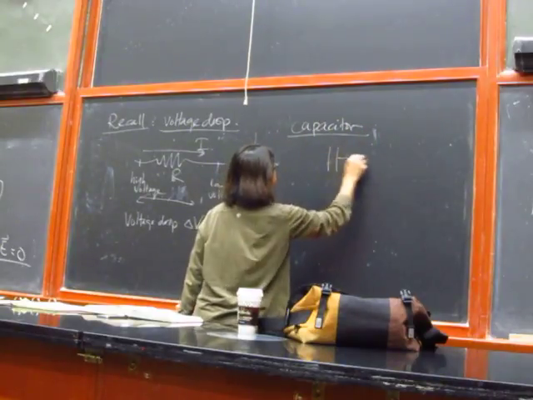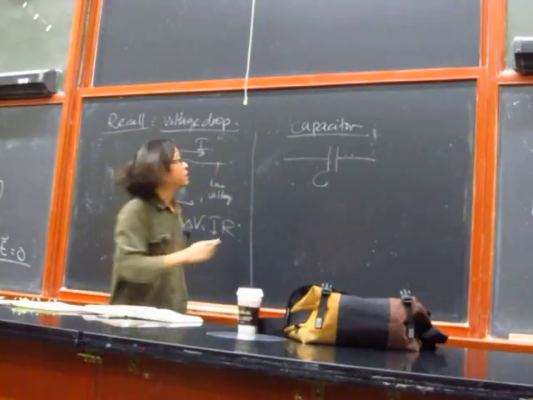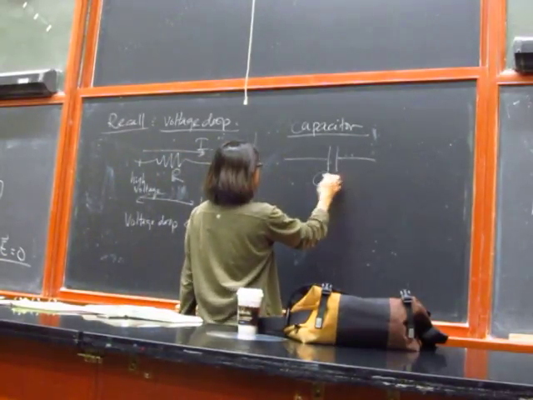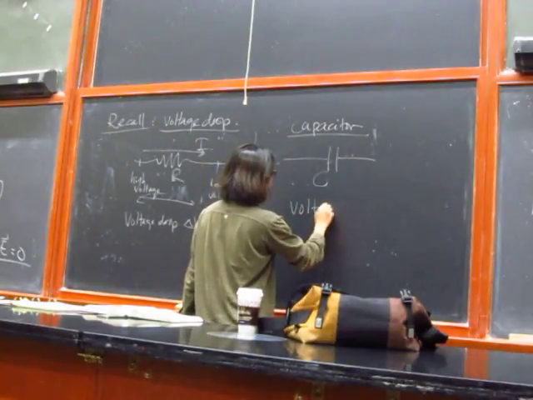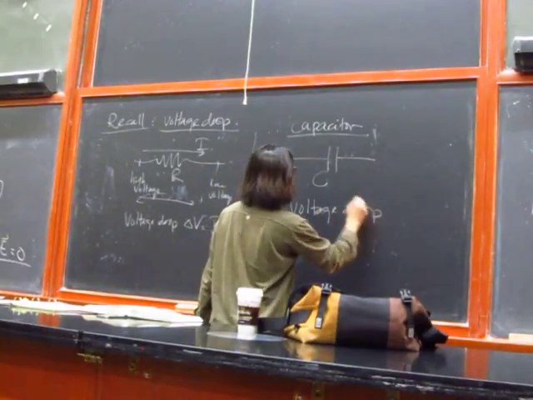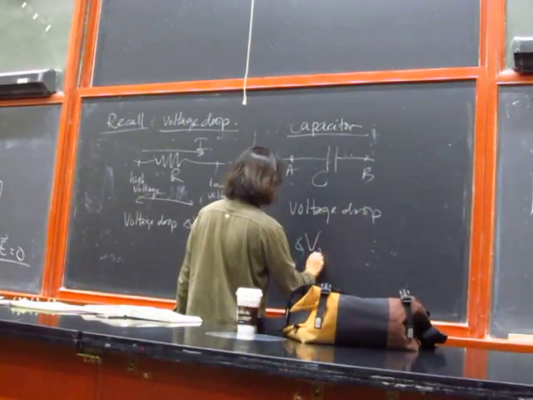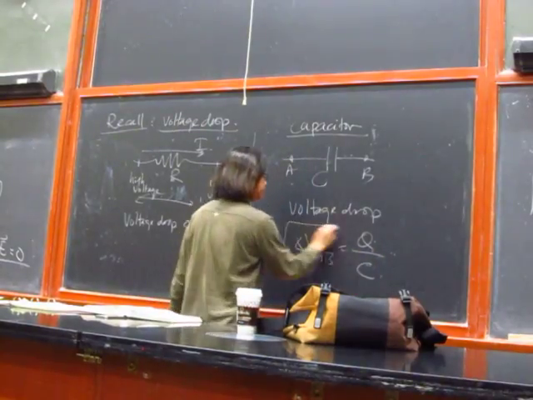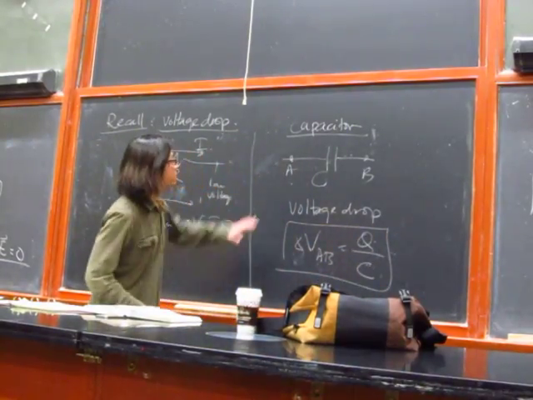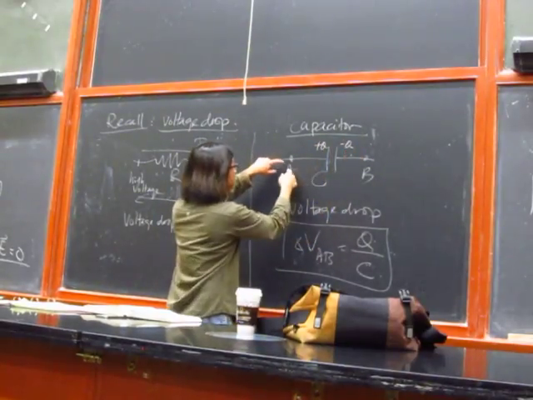If I have a capacitor here, C, the voltage drop from point A to point B, delta V_AB, is given by Q over C. So if this is plus Q and this is minus Q, then the voltage at A is higher.